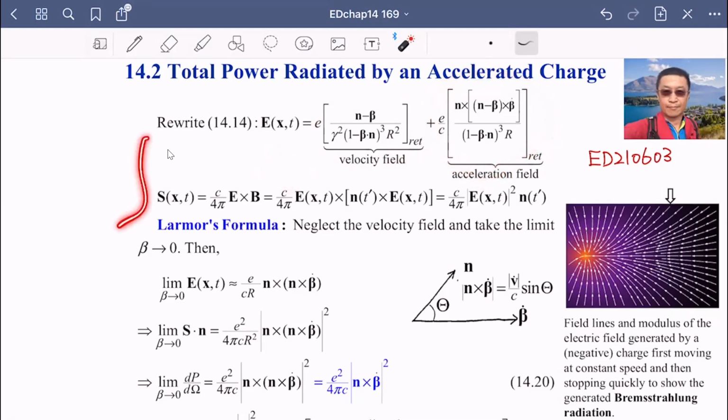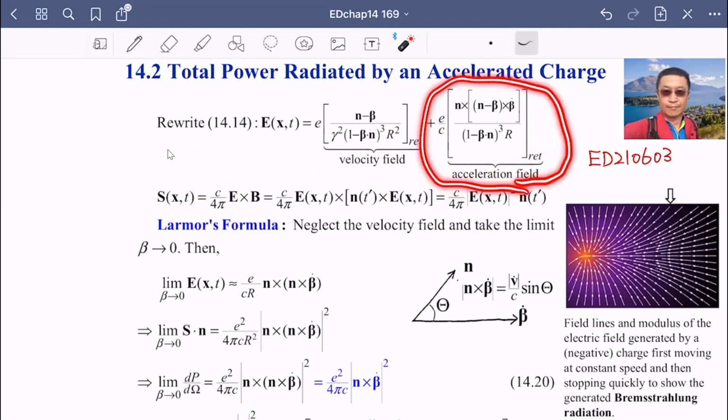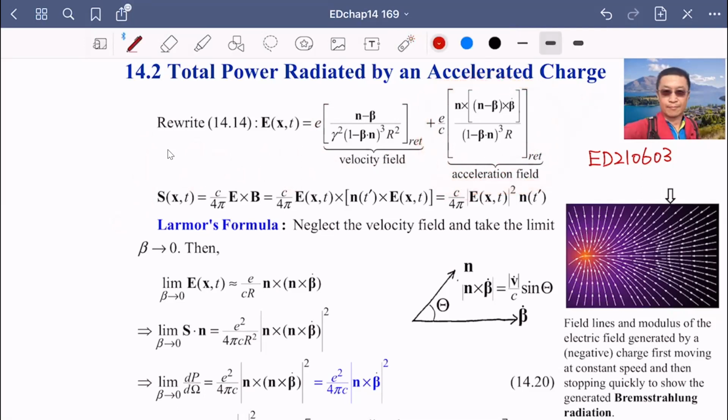If you integrate over the surface, the major contribution is from the acceleration field. Therefore, the acceleration field is the most important part of the radiated field.